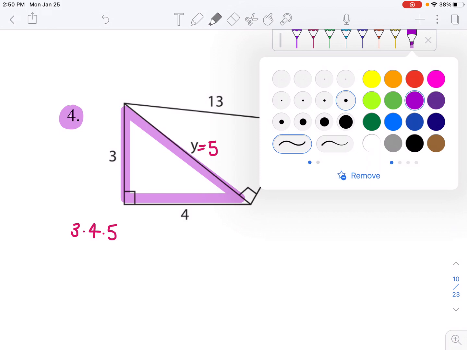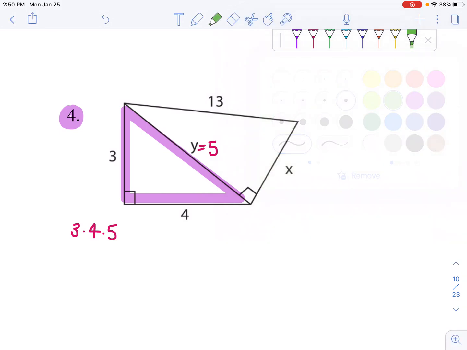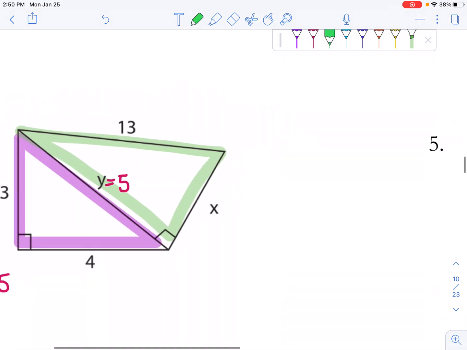So then, once I get the first one, I can move to the second triangle and look at this green one. And again, look to try to solve that missing side. So here, I'm just going to redraw it this way. So I have one of the legs is 5 and the hypotenuse is 13.